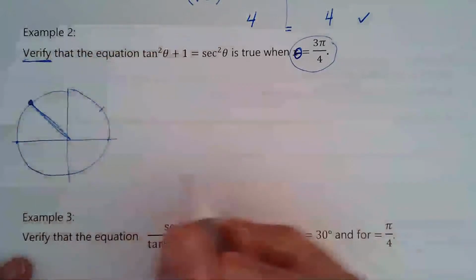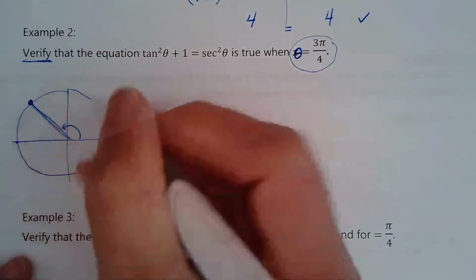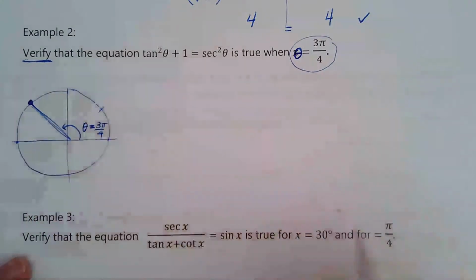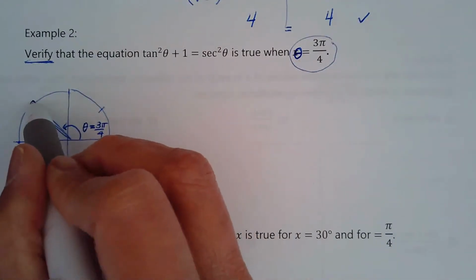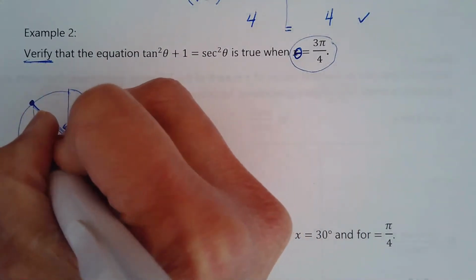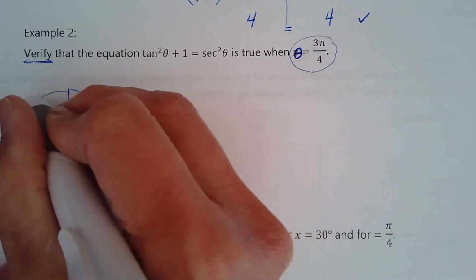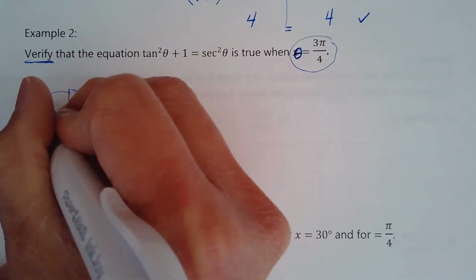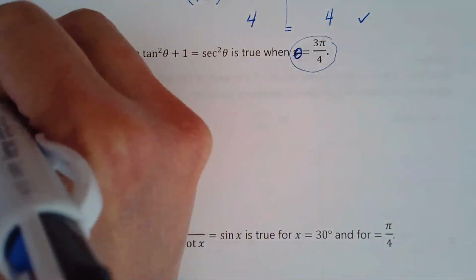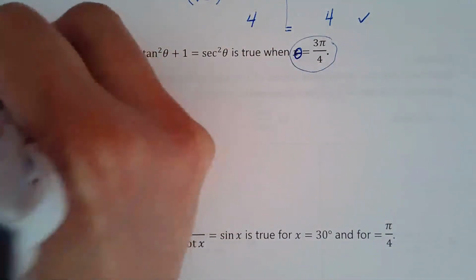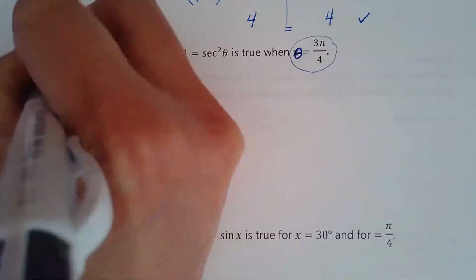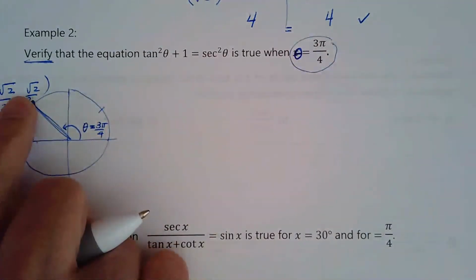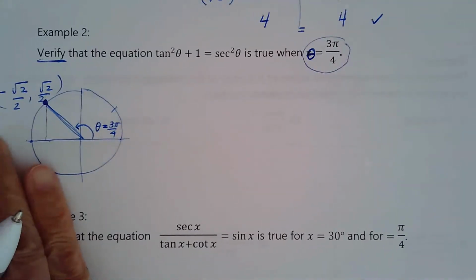Because this is 3 pi by 4, I'm going to write down the coordinate of this. So this is negative root 2 over 2, comma, positive root 2 over 2. And this one here is one of the special angles, so we know the exact values for those things.